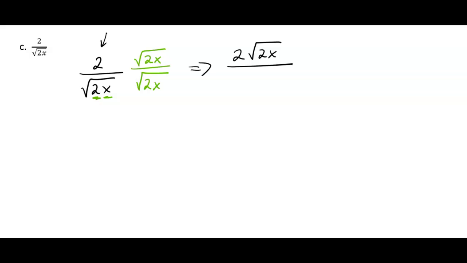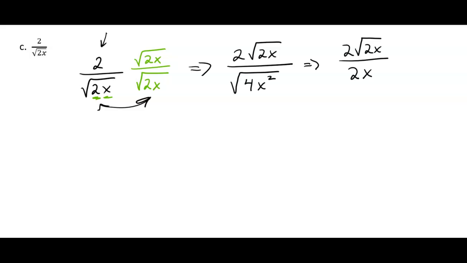In the denominator, I'm going to write the multiplication out so you can see it. It's the square root of 4x squared if I multiply those radicands. But then I can take the square root of that, which is why I wanted to do it in the first place. And I get the square root of 4 is 2, and the square root of x squared is x.